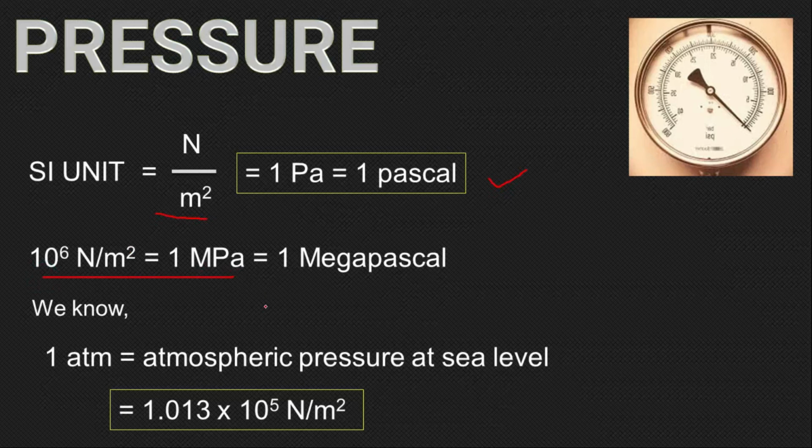As 1 Pascal is very small pressure, we usually use megapascal in practice. We also know from physics 1 atmospheric pressure is the atmospheric pressure at sea level, which is precisely 1.013 into 10 raised to 5 Newton per meter square.